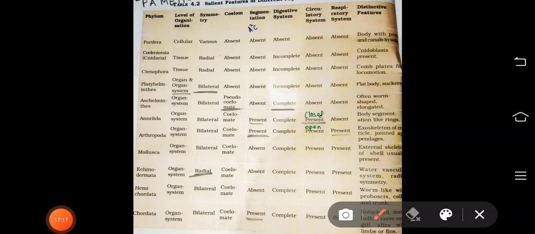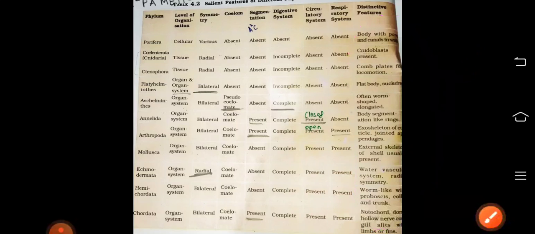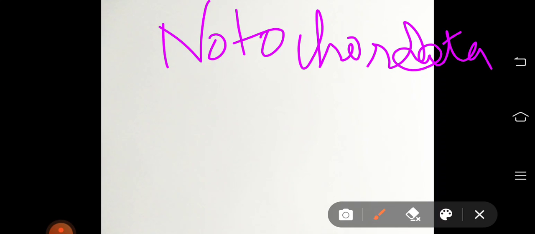Then there are some distinctive features, and I hope I should not need to tell you these, because when we learn all the phyla one by one, you will get it on your own. One more thing I wanted to tell you is about the notochord. You have seen two groups in your phylum list, Chordata and Hemichordata.